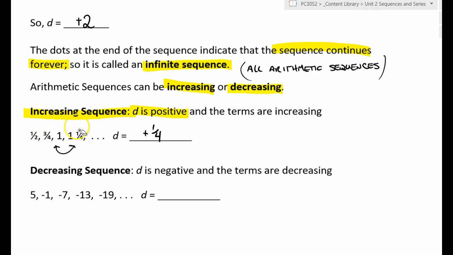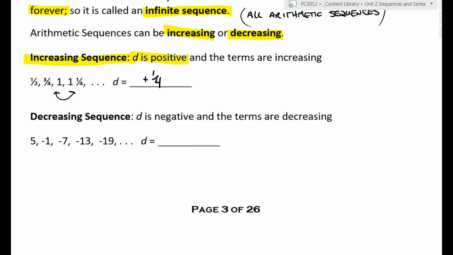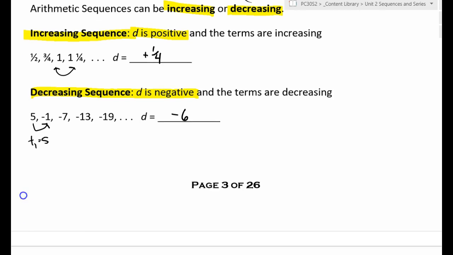I chose those two because it's the most obvious what fraction I'm adding. A decreasing sequence can still be positive, but the key thing is that the d value, our common difference, is negative. So we've got 5 as my term 1. That is positive, but this is a decreasing sequence because we are heading into the negatives. My value decreased specifically by 6, so negative 6 is my d value.